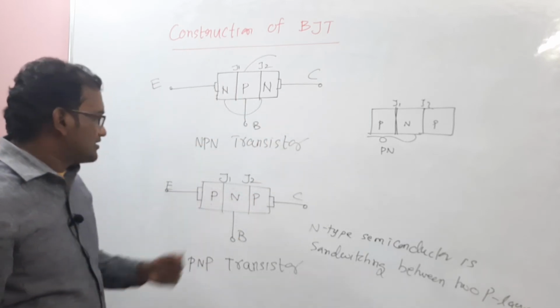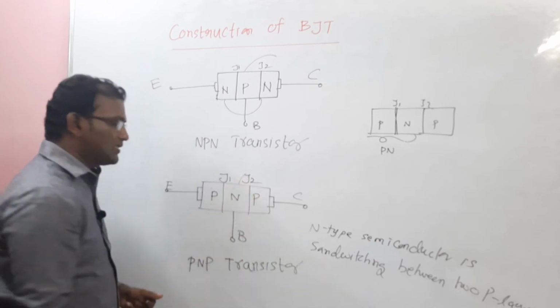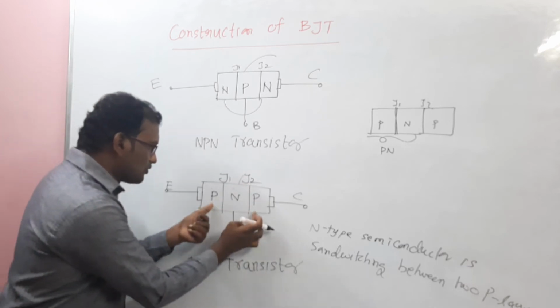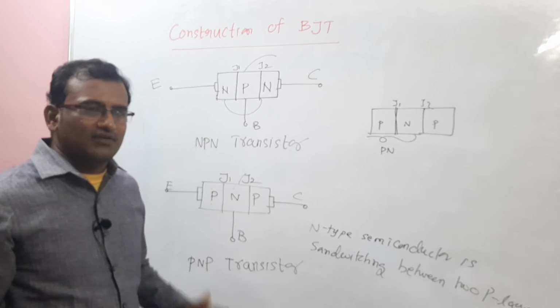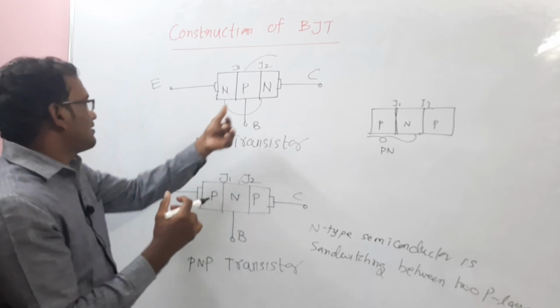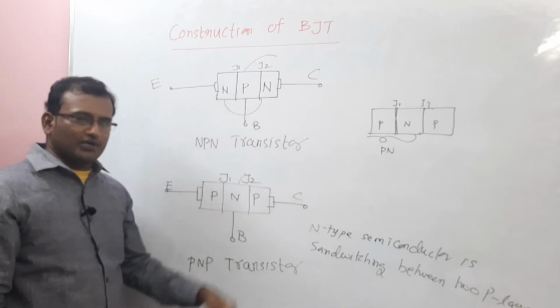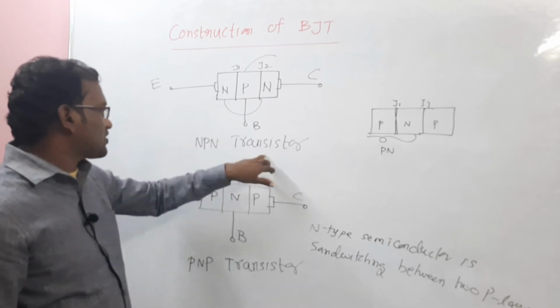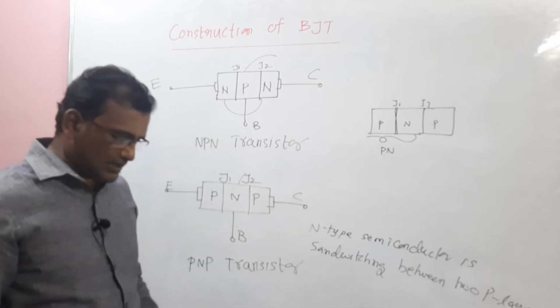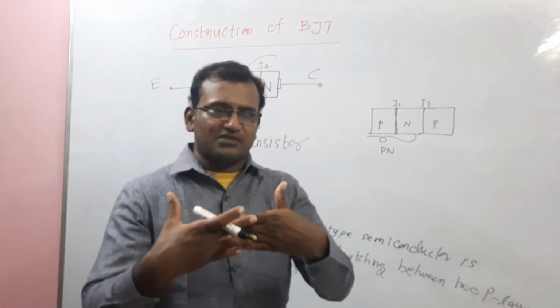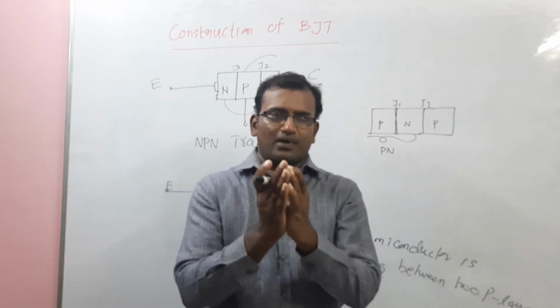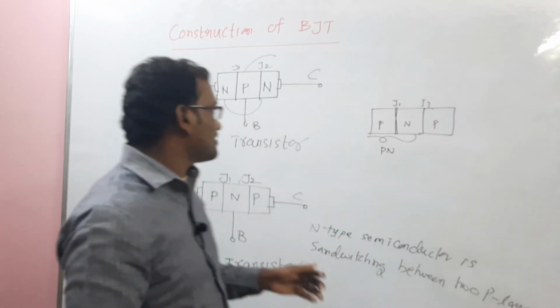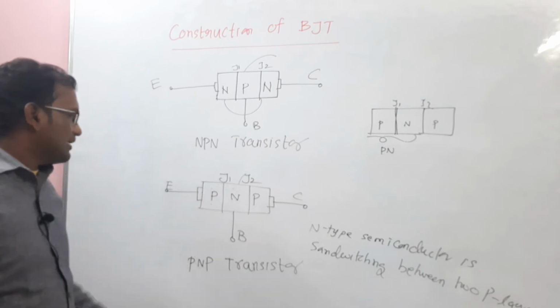Is it clear? Similarly, an N-type semiconductor is sandwiching between two P-type layers. So this is the way of sandwiching between N-type and P-type, that is the construction of NPN transistor and PNP transistor.